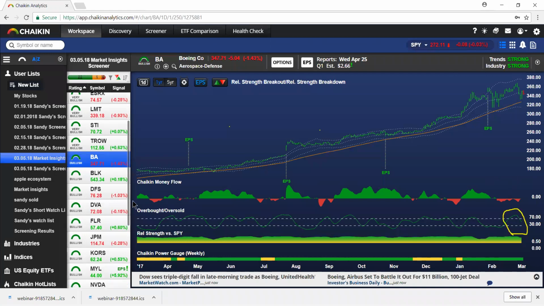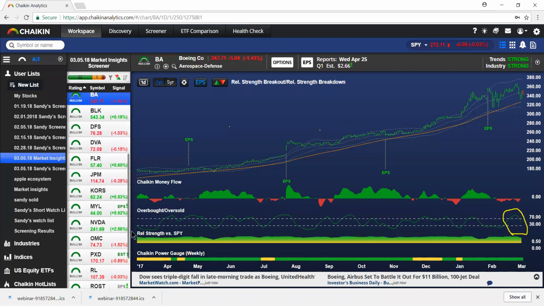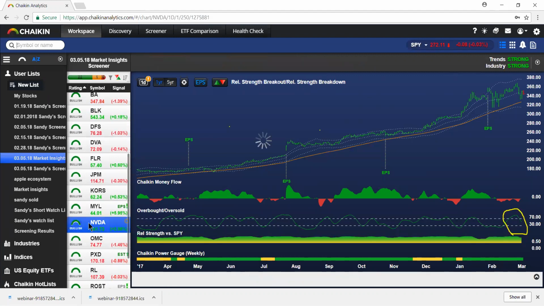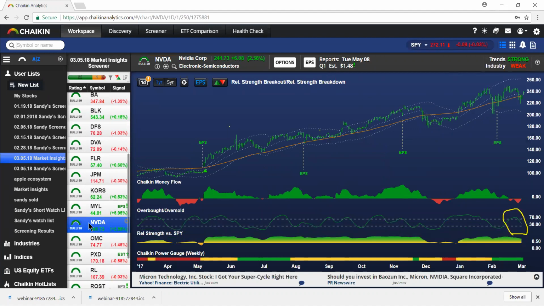Let's jump ahead to NVIDIA because that I added to my watch list as well. I might as well leave that overbought, oversold there. You can see this one is pulling back. And you can see again, it has a nice pattern.